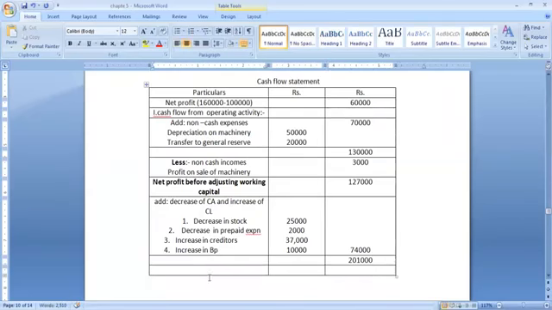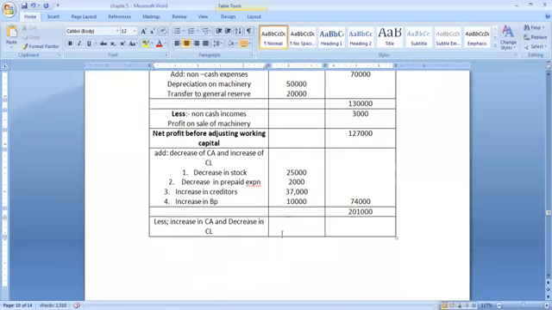Now less: increase in current assets and decrease in current liability. So what is the transaction here you got?